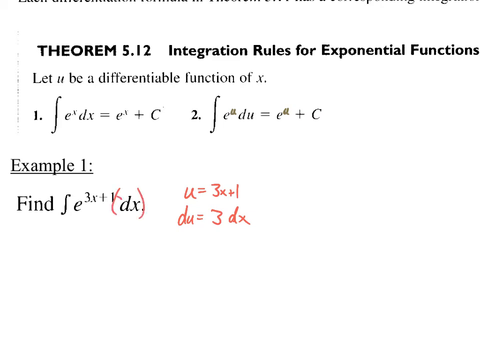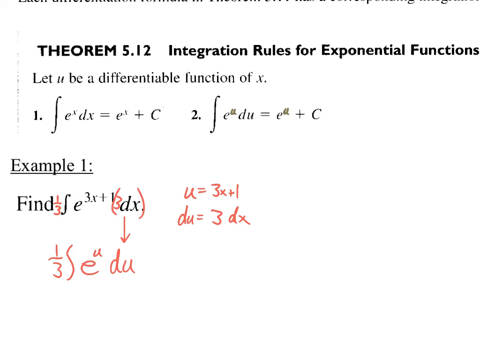I need a 3 here to replace it with a du. So that means I need to multiply by a form of 1, so it's times 1/3 on the outside. Okay? So I have 1/3 times the integral of e to the u, and that whole thing is du.